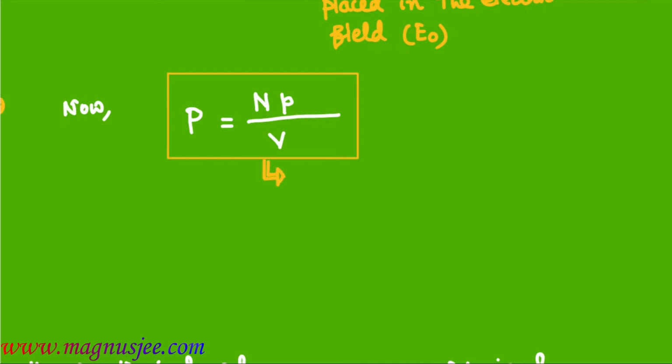So capital P is equal to N small p divided by V, and capital P is the induced dipole moment per unit volume of the dielectric material, or induced dipole moment density.